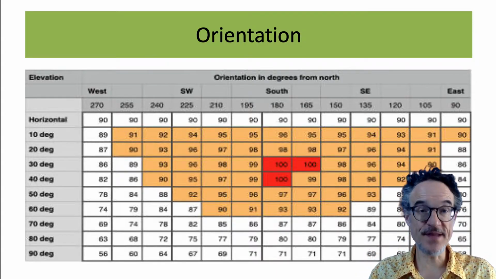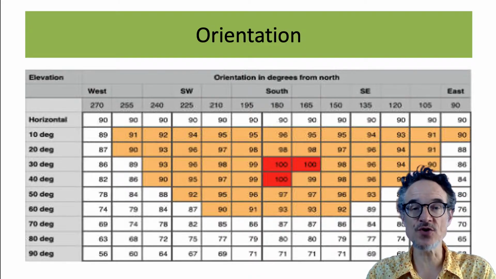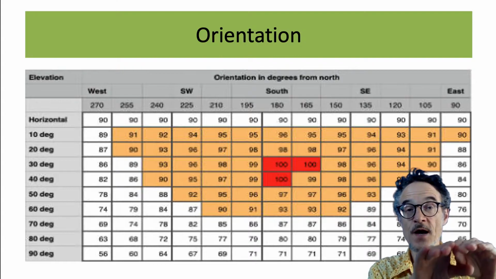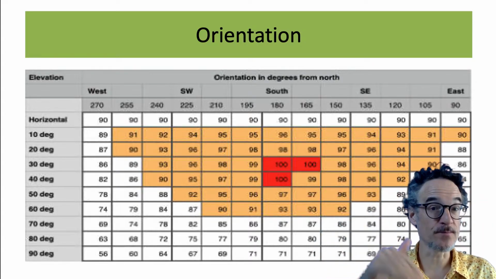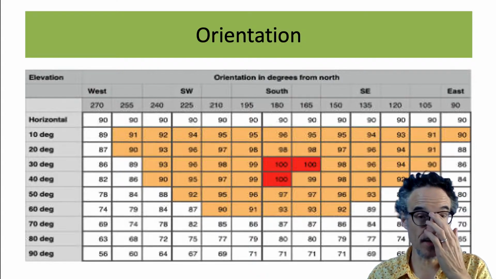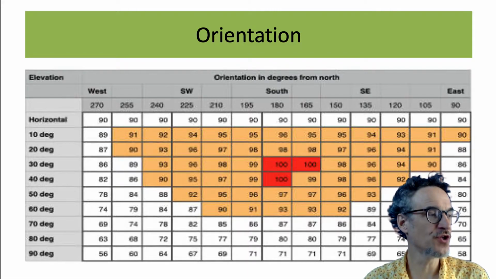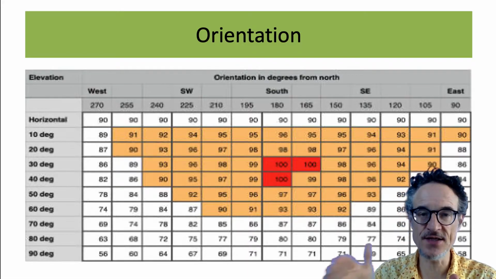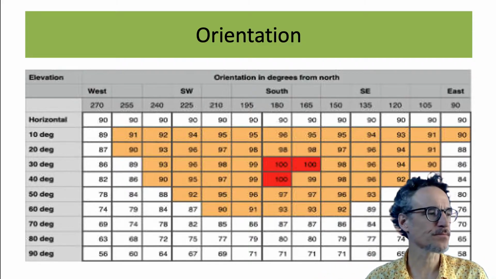The reason for this is that the sun, as the day goes on, gets hotter. As it gets hotter, the panel efficiency goes down. So it's better in the morning. Generally, the morning is better than the evening. If you can choose between panels on the east or the west, then choose the east first.